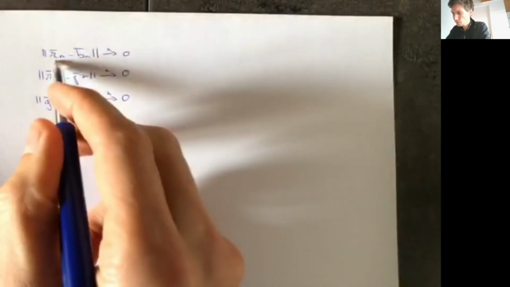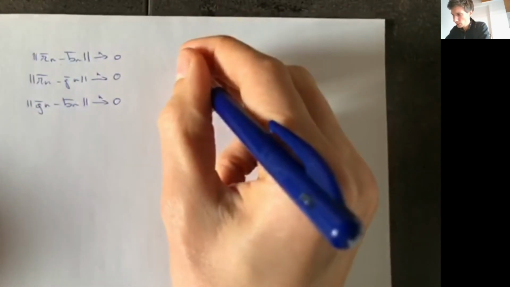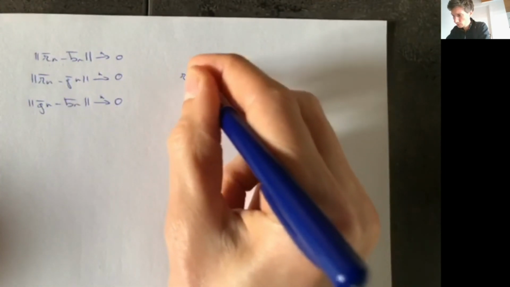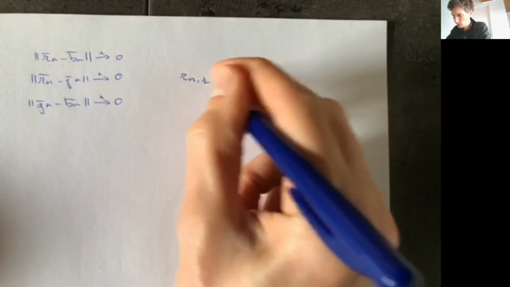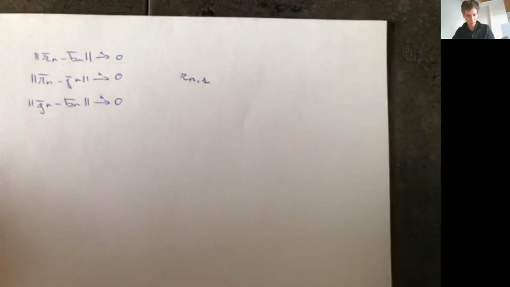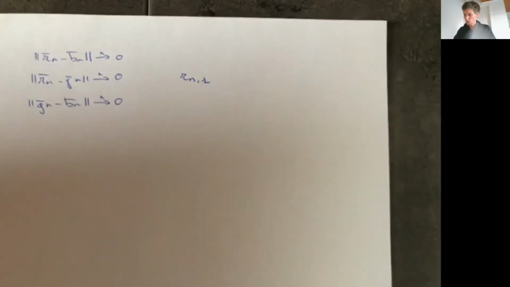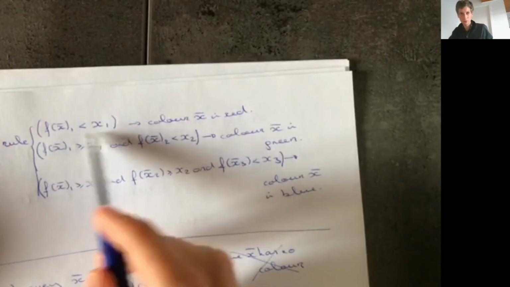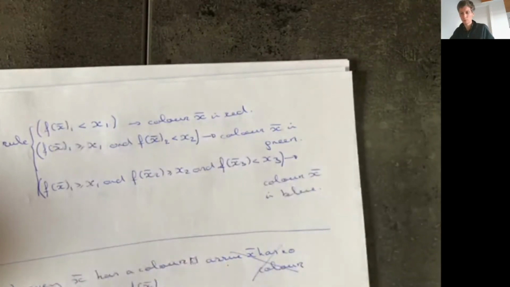Okay. So for the red one, I have that the first component of Rn, this is Rn1, because this has the color red, right? And let me go back to the definition of my colors if I can find them. Okay, the first component of a red vertex is greater or equal to f1 of the first component, right?